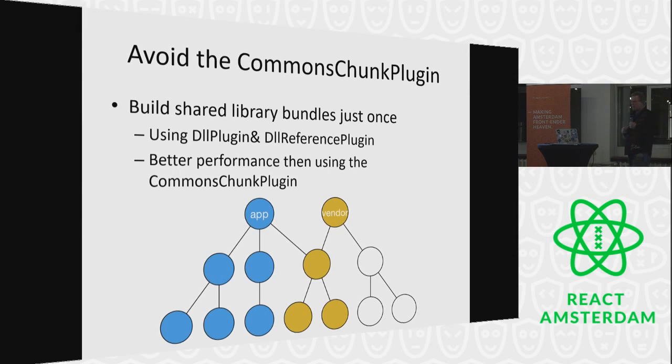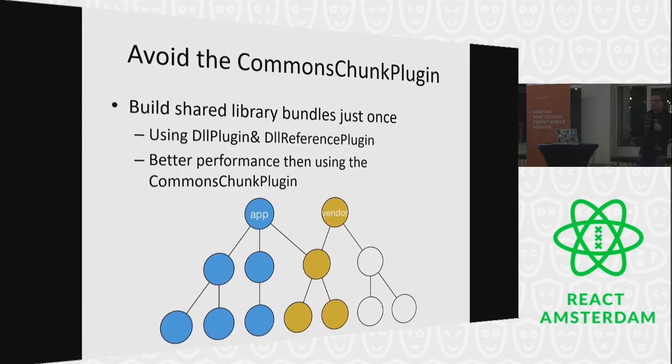So there's actually a better way of creating a static library like that, and that's using the DLL plugin and the DLL reference plugin. It basically means you've got two Webpack configurations, one for your static DLL, that will use the DLL plugin. It will create a JavaScript bundle and a JSON file, which is basically a manifest of what's in there.